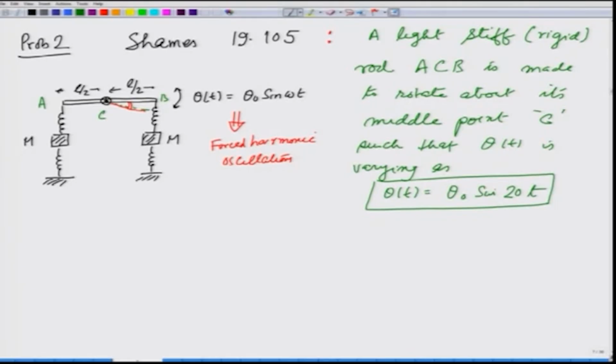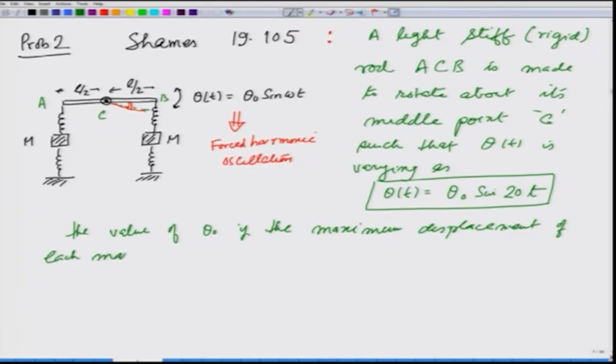And then we want to find the value of theta 0 if the maximum displacement of each mass m is 20 millimeters.